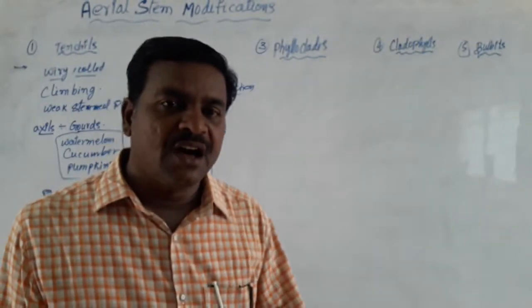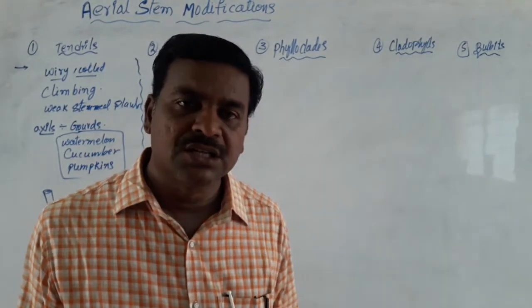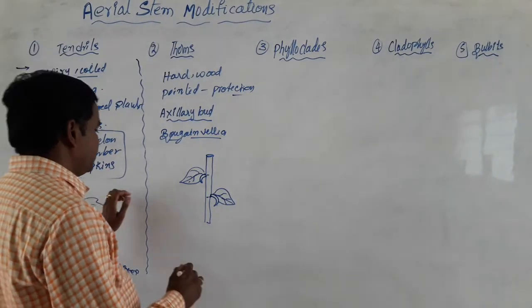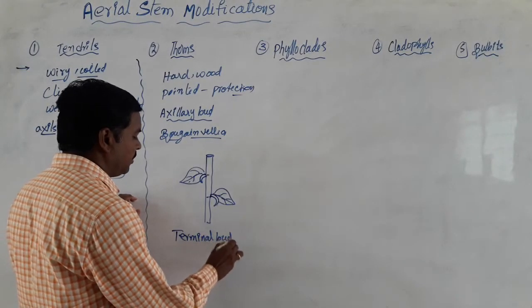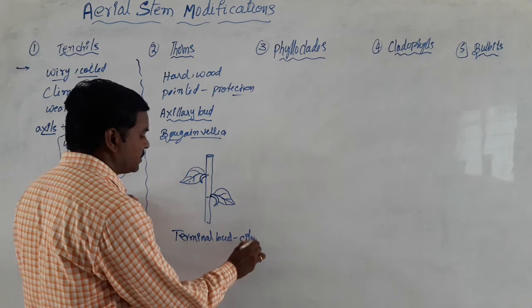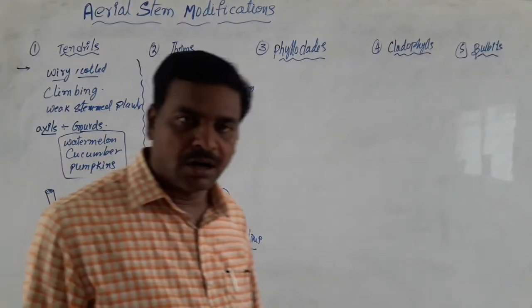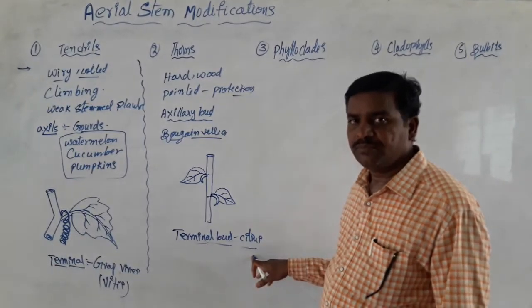But in case of bougainvillea, these thorns are just curved structures and they help not only in protection but also in climbing. But in some members, they may be developed from terminal bud. Example, citrus. Terminal bud is also developed into a thorn in some members like citrus.